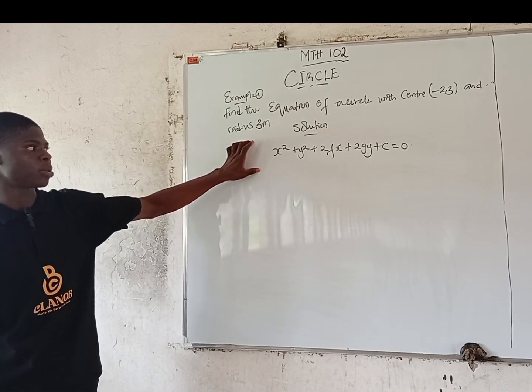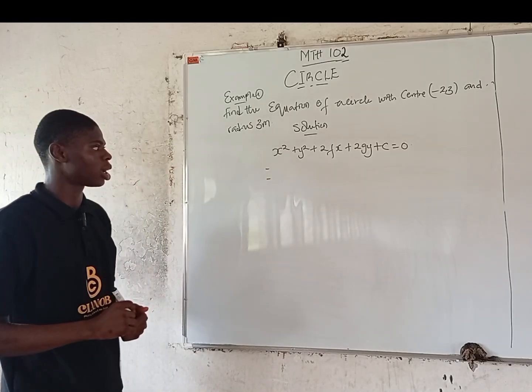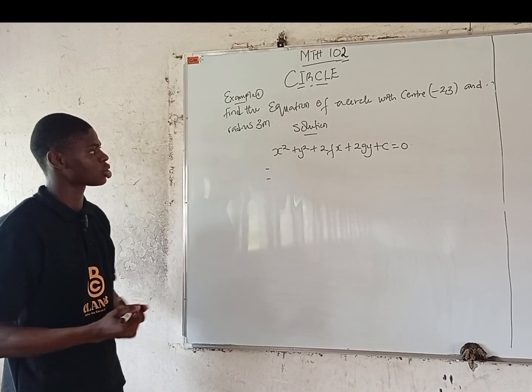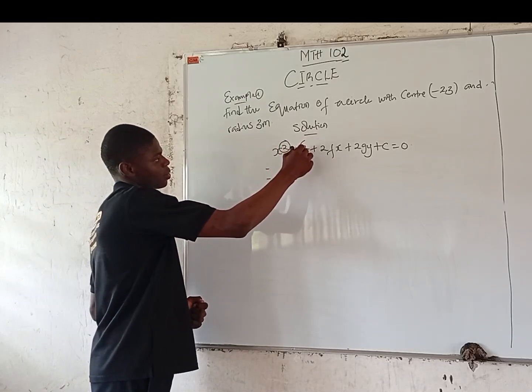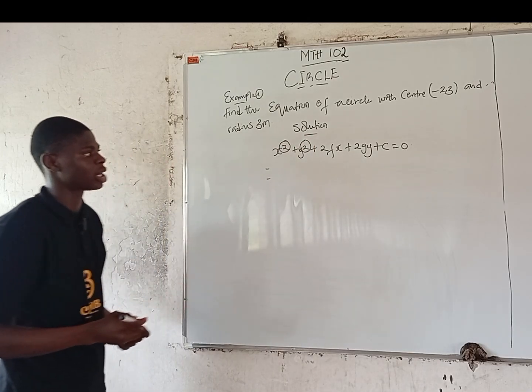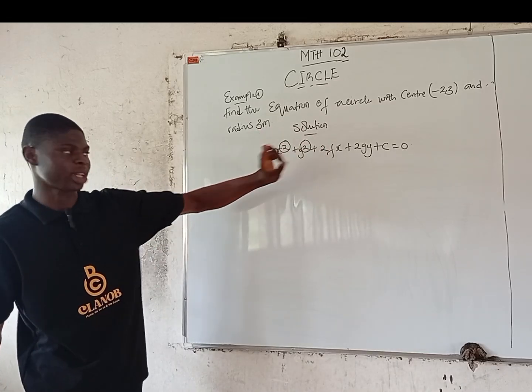And one thing you must take note of is that to identify an equation of a cycle, you must observe that the degrees of the x component must be the same as that of the y component, and they are mostly squared. That's one.